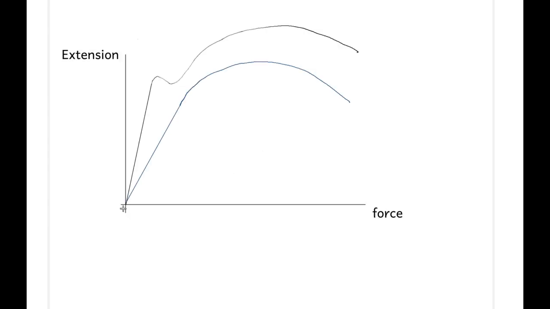So this is a typical, there's two shapes here, the black and the blue one. So the black is a typical extension curve for something in a material like steel, mild steel. And this is another one for something else, like concrete maybe, I don't know for sure.